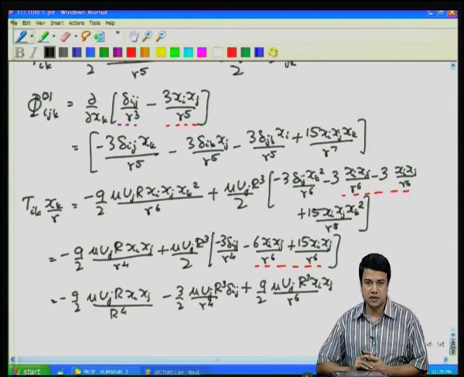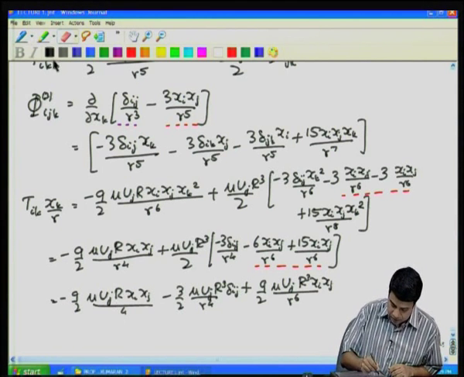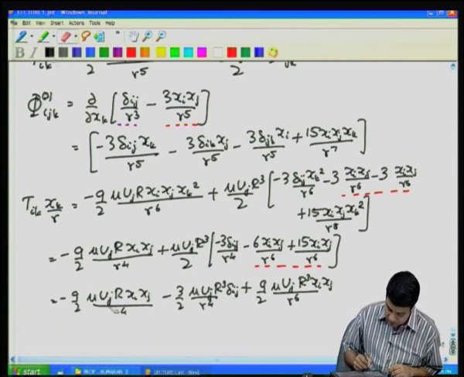Now, the simplification starts because I need the stress at the surface of the sphere. The surface of the sphere is at r equal to capital R. So, in this expression, I just have to insert capital R instead of small r.